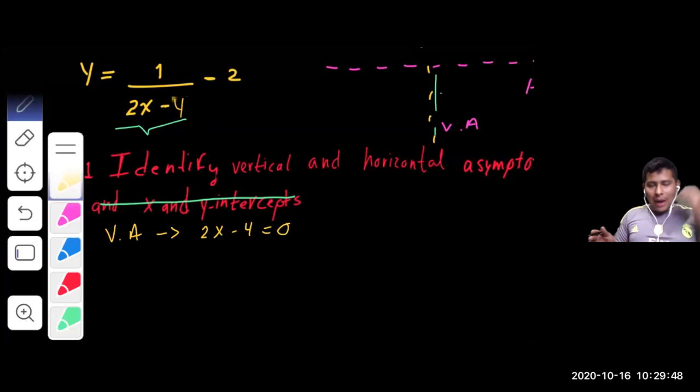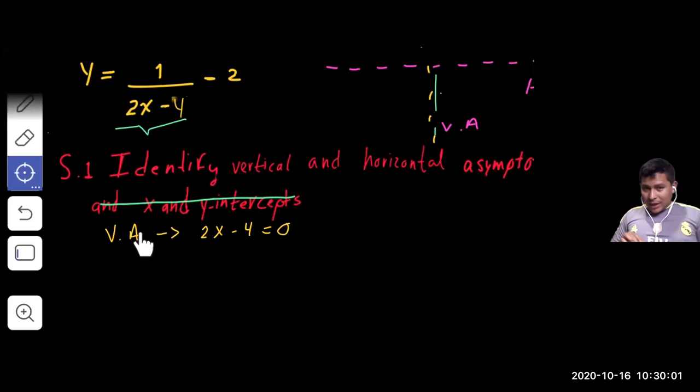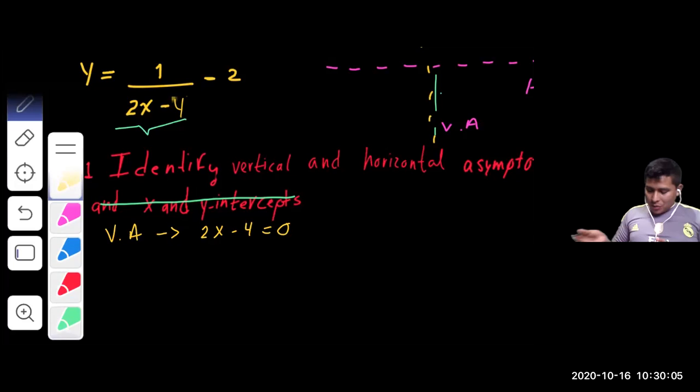That's how you can find the vertical asymptote, because for the value that makes this denominator zero, the graph cannot touch it. It's not part of the solution or domain. I repeat: in order to find the vertical asymptote, you set the denominator equal to 0. And as you can see, x is not alone in this case. It's not solved.